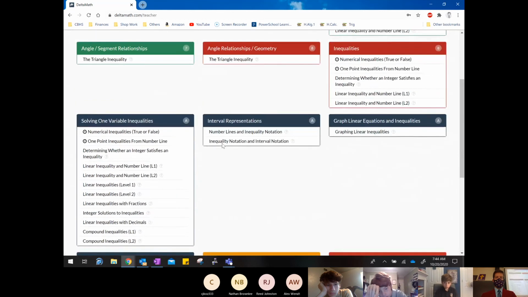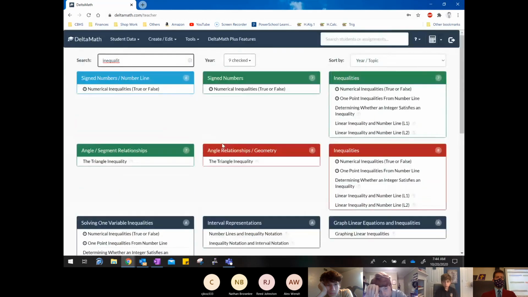Is it compound inequalities? I don't think that was it. Let's do compound. Slowly but surely we get there.